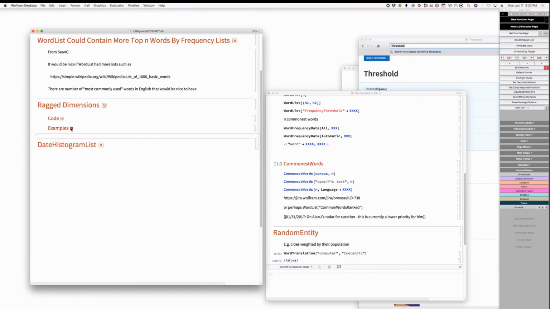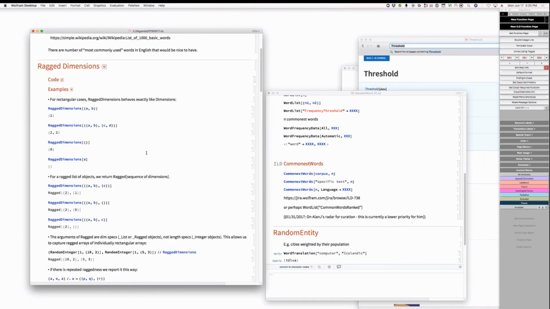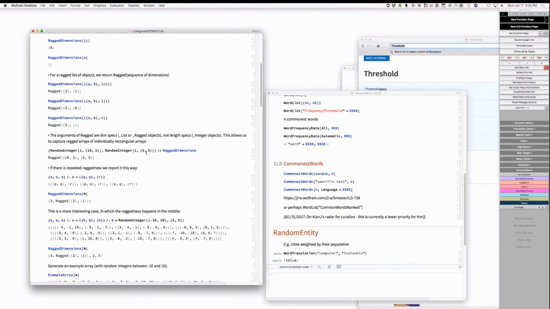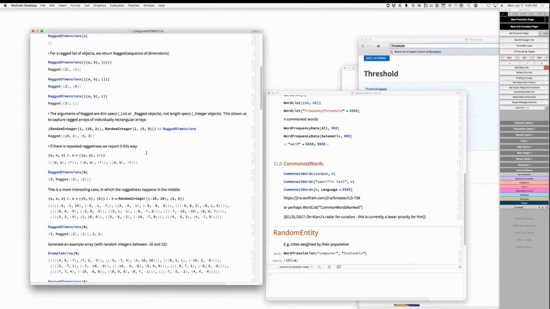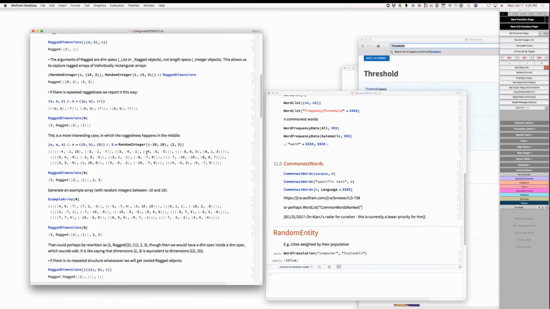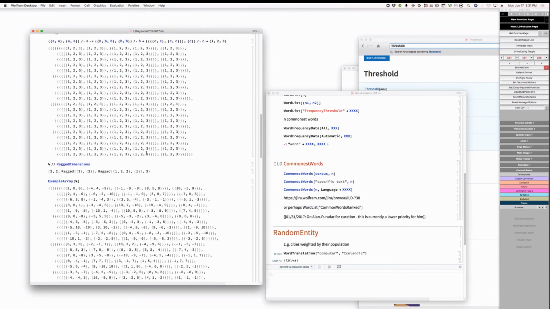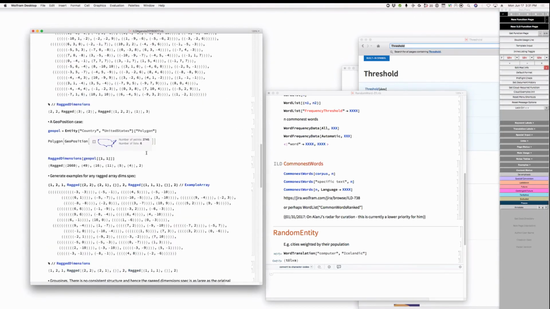Okay, ragged dimensions. So the idea here is to quickly get a report on the structure of the shape of anything. In particular, we are interested in the things that Dataset is going to be eating. So this is an extension of the language of dimensions to things that are ragged. And I have here weird examples.